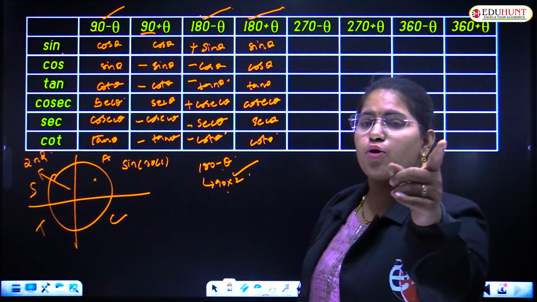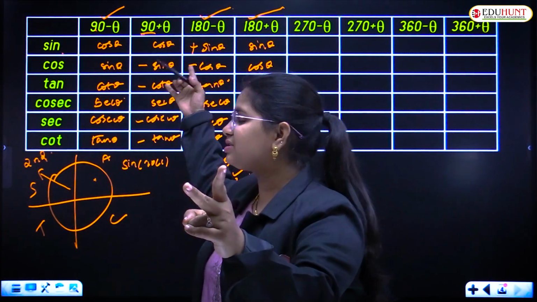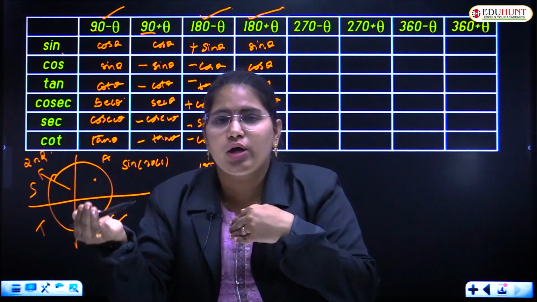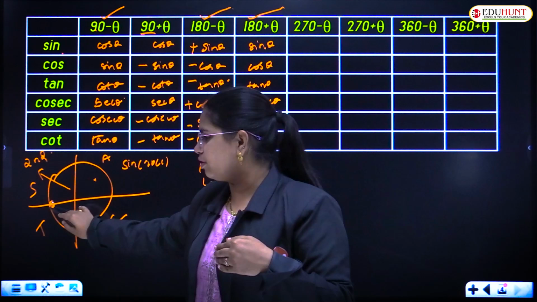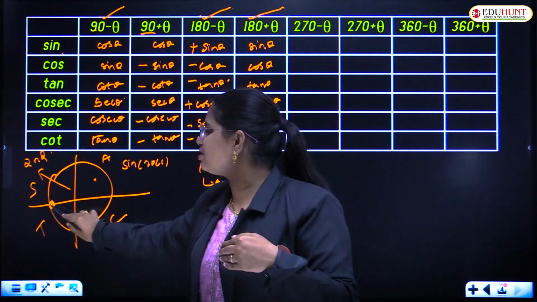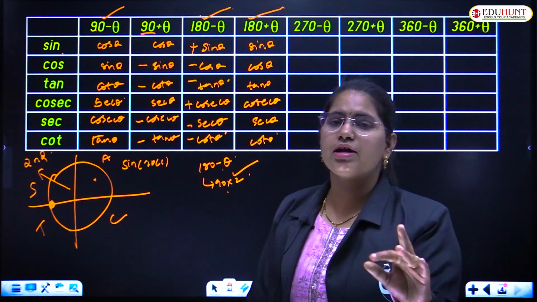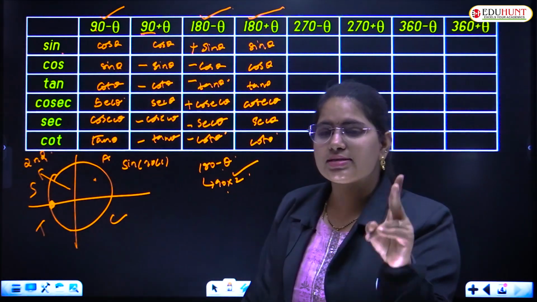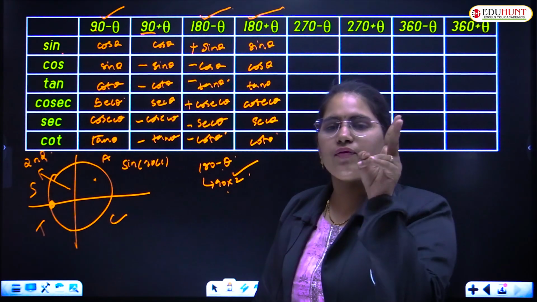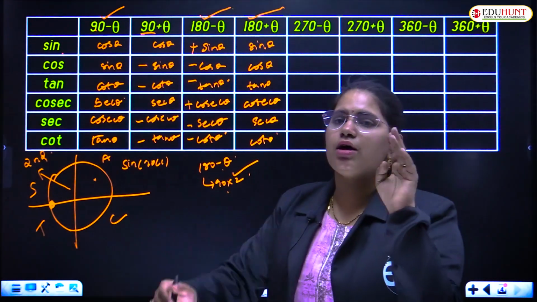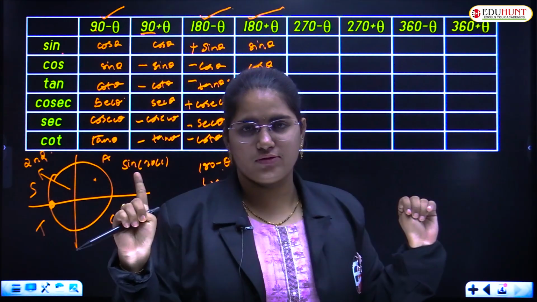Now which point do I need to check? 180 plus theta is greater than 180, which means it lies in the third quadrant. In the third quadrant, tan and its reciprocal function cot will only take positive values. Rest of all four trigonometric ratios will be negative.